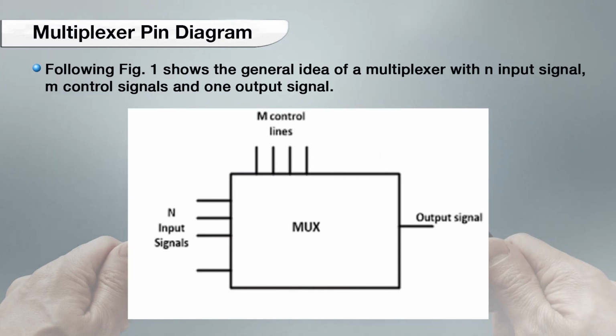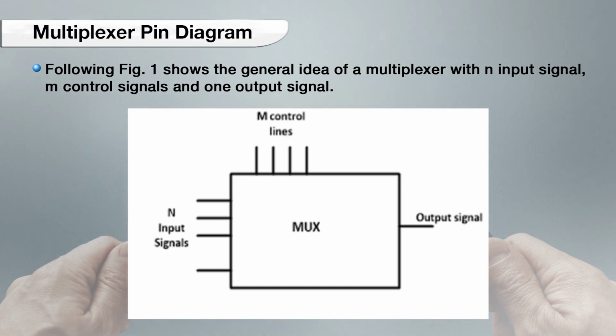So, let us move ahead and discuss the pin diagram of the multiplexer. Figure 1 shows a general idea of a multiplexer with n input signals and m control signals with one output signal.